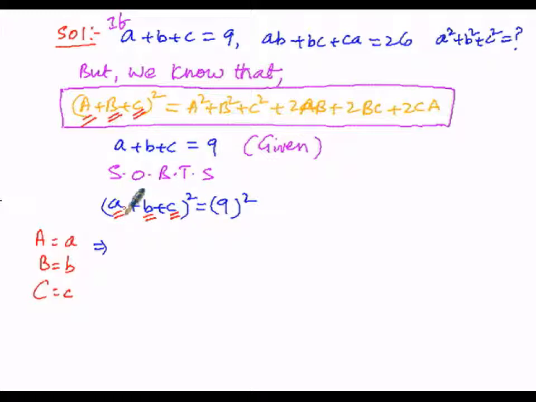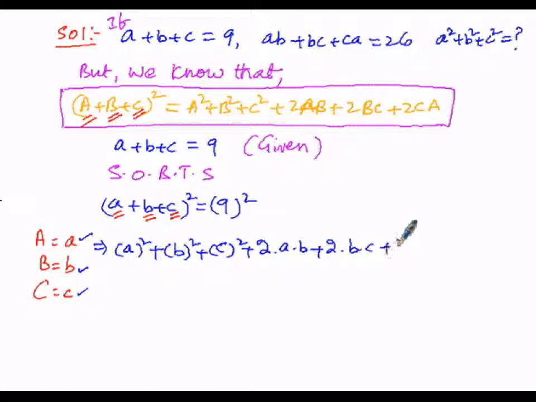Now (a plus b plus c) whole square, in its elaboration, is A square, where capital A is replaced by small a, so small a whole square, plus small b whole square, plus small c whole square, plus 2ab, so 2 into a and b, plus 2bc, so 2 into b and c, plus 2 into ca, c into a. As per the special product, this is the expansion of (a plus b plus c) whole square.